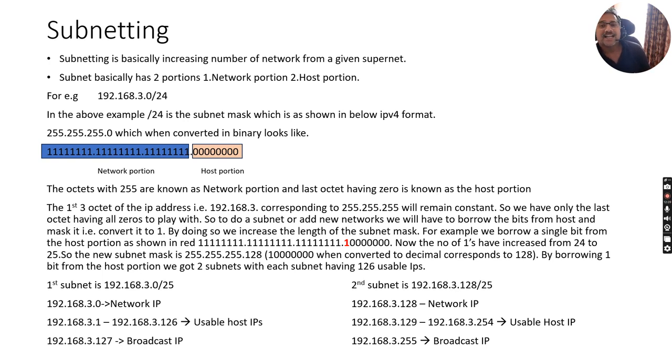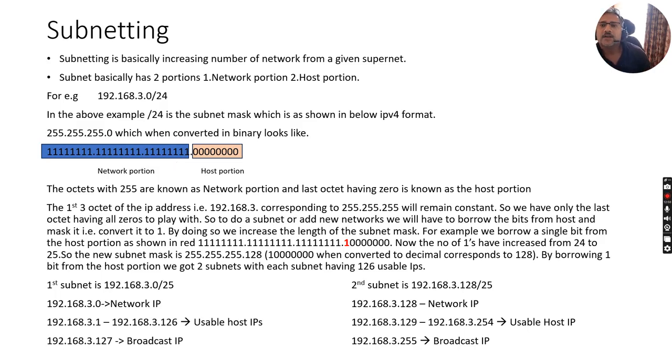So when you say /24, what you are saying is that 24 bits of that subnet mask are constant and they are all on. That means they are all ones. So 24 bits are all ones.